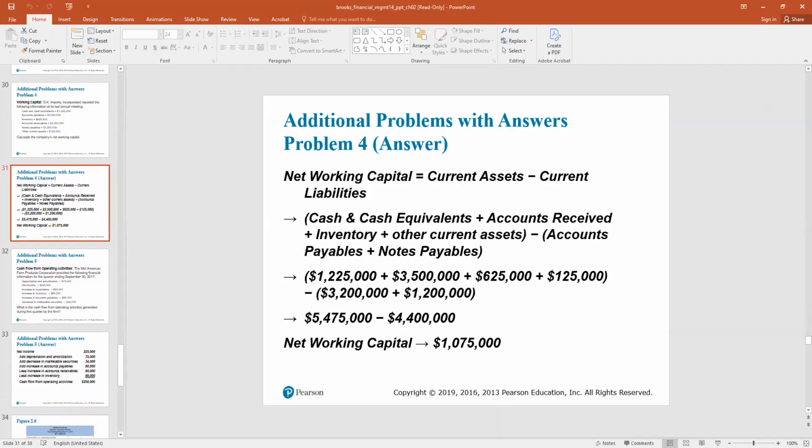Now, I want you to open the book. I'll open it here too. End of chapter questions: working with financial statements.